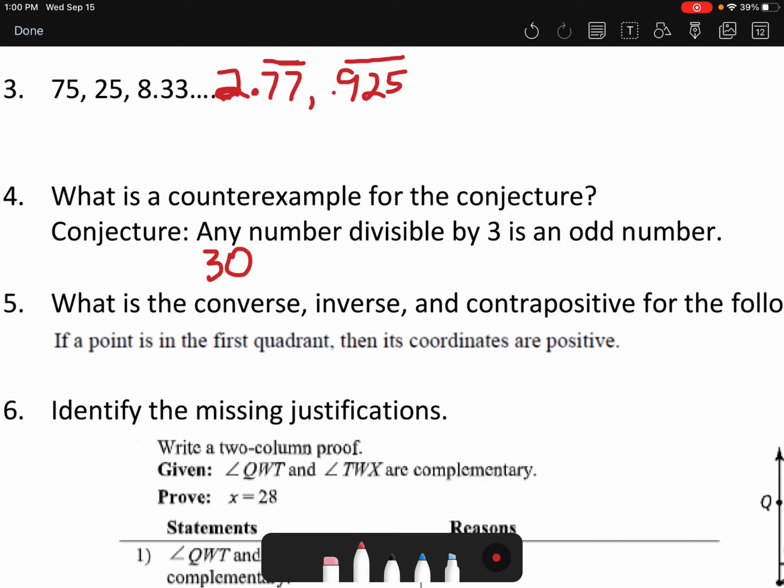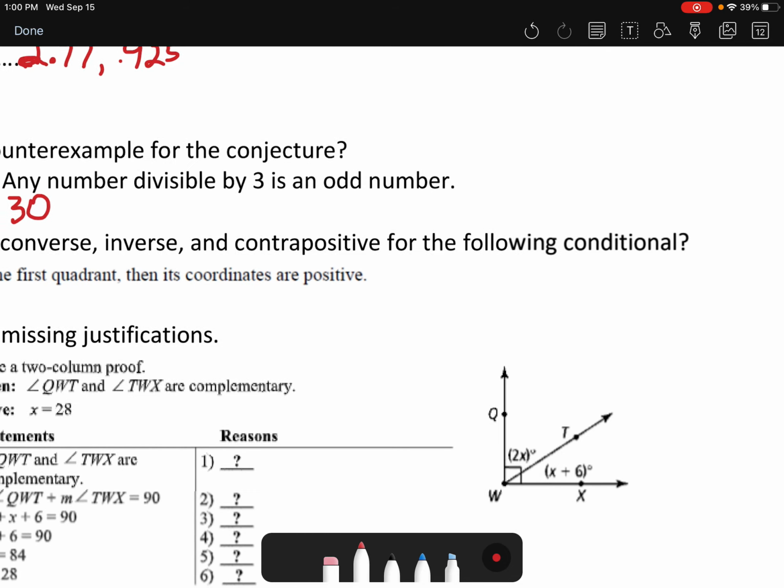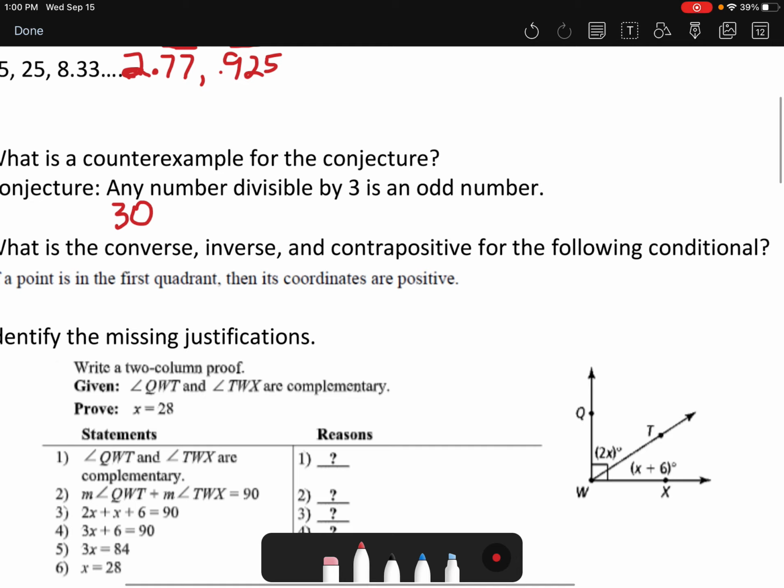So if we were to take the converse of that, according to our notes, the converse of a statement is when you take that statement and you swap it around backwards. We're exchanging the hypothesis and the conclusion. So the converse would have all of that same information, except the second part would come first.